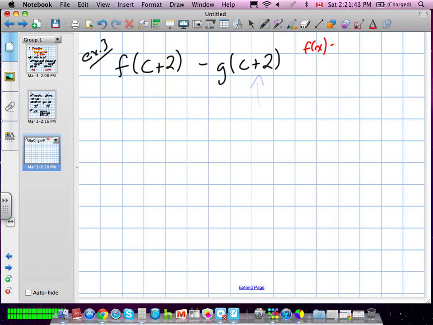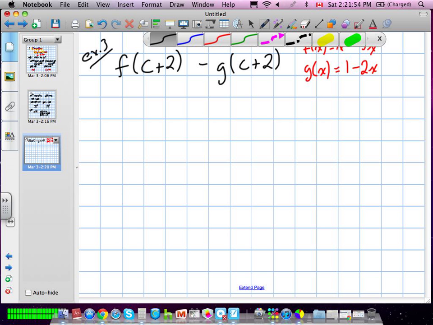Okay. So it says to determine this. So in other words, my first function here, I'll circle it in green here. They want me to take it, and instead of using the letter x, we're going to replace it with c plus 2. So in other words, we get c plus 2 squared minus 3 times c plus 2.